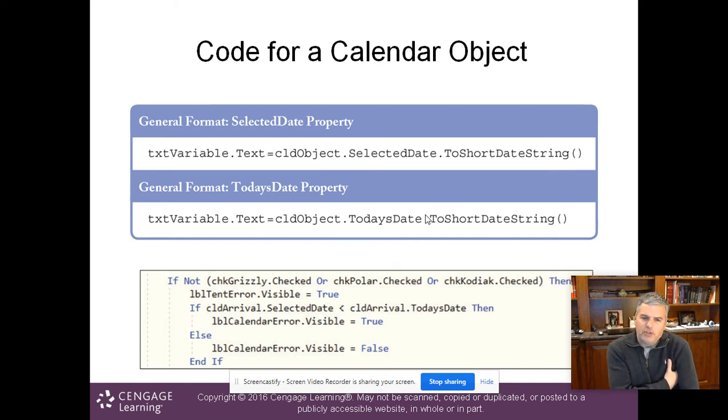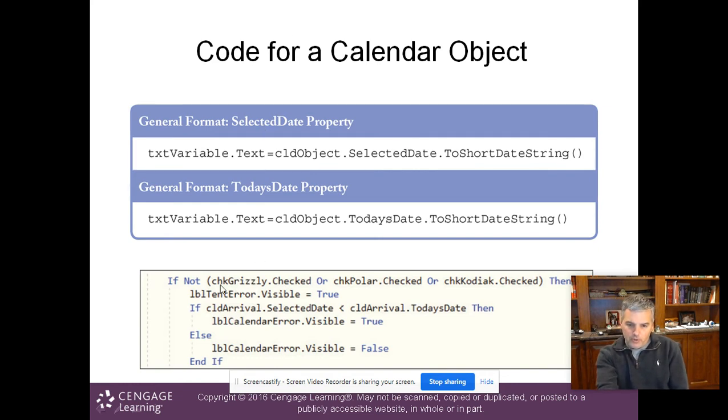So this is just some examples of how to format the data that we get from our calendar object. So you can see here our naming convention we use for a calendar is CLD. Okay, so we get the selected date from that, and then we use the toShort date string to kind of format in the month, day, year format.